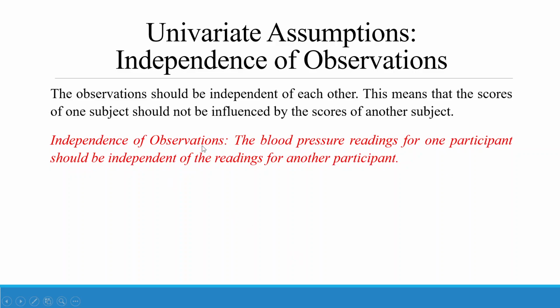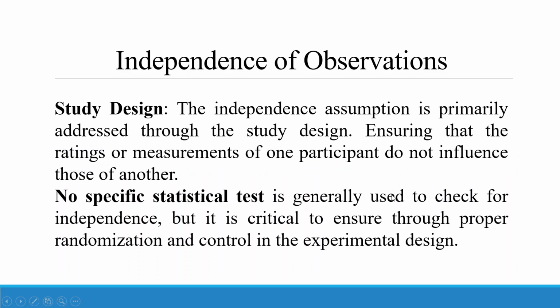This example we have already discussed. The blood pressure readings for one participant should be independent of the readings for another participant. This we can achieve with the help of proper randomization and control in the experimental design.